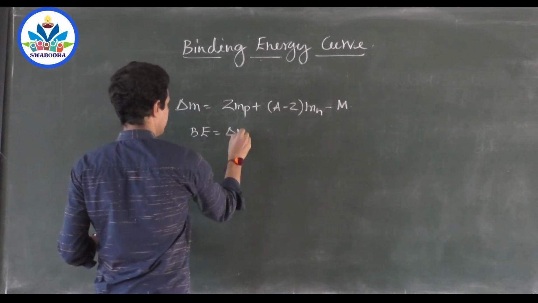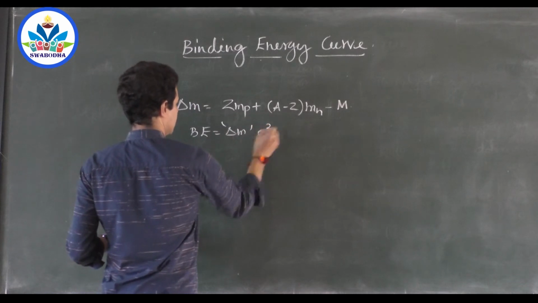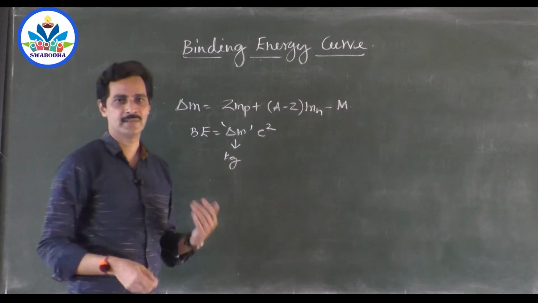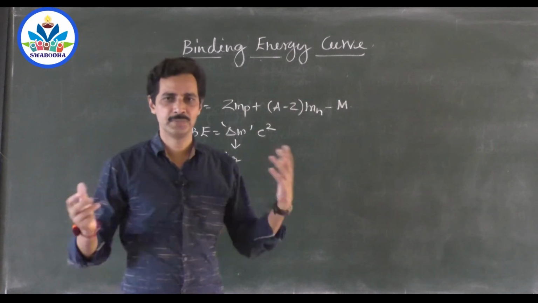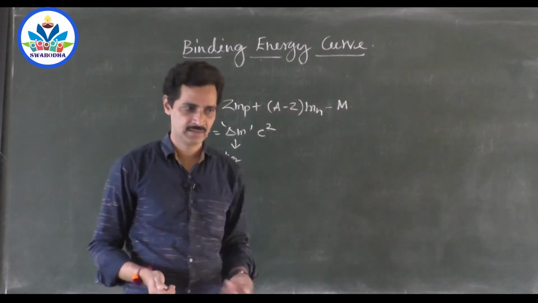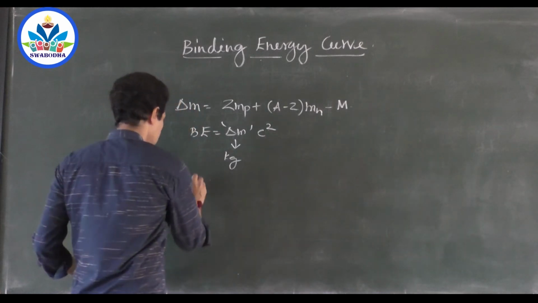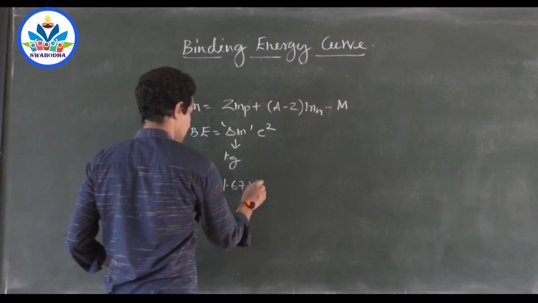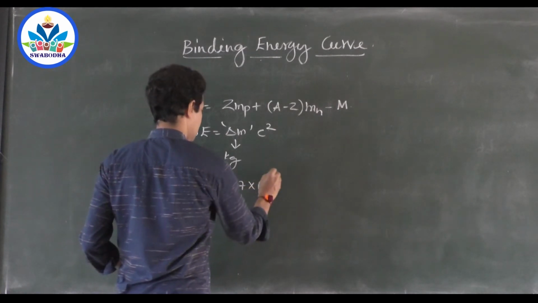So delta m, if it is in kg, then the energy is delta m c squared. Suppose you want to put the mass in atomic mass units, what can you do? 1 u is how much? 1.67 times 10 to the power minus 27 kg.